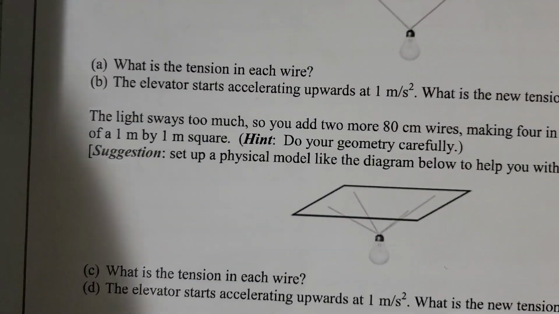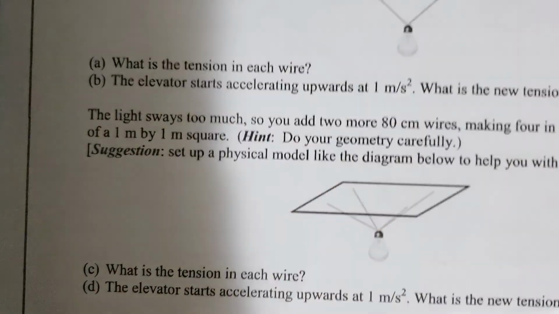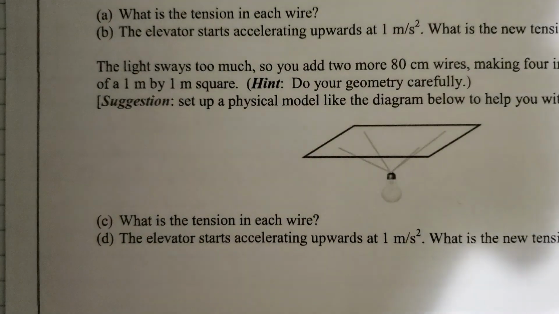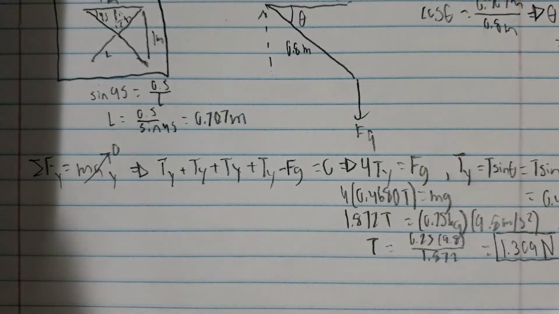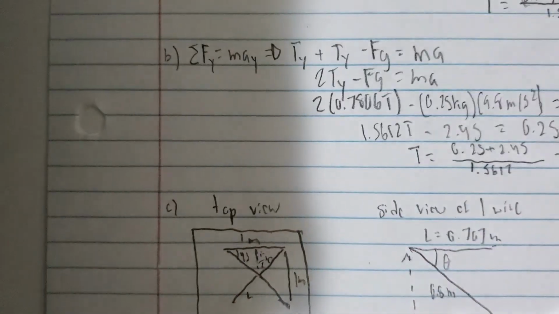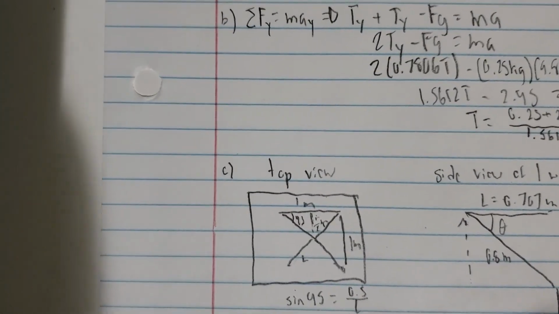So part D asks the same scenario as part B, but this time with 4 wires. The elevator starts accelerating upward at 1 meter per second squared. What is the new tension of each wire? Same thing we did in B: we're going to set up Newton's law again, but this time with the acceleration. I'm going to do this on the back side.